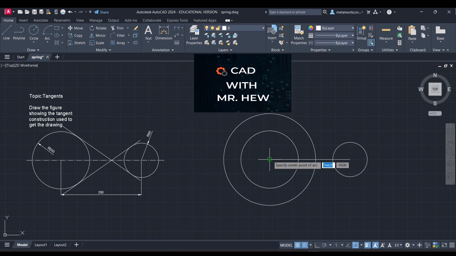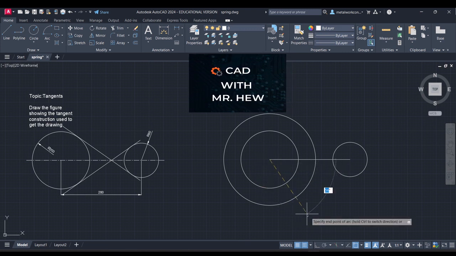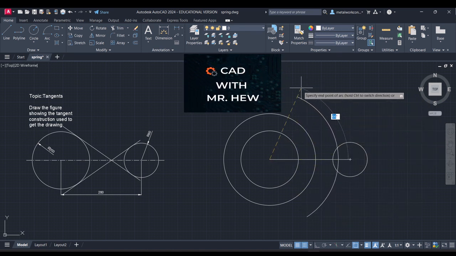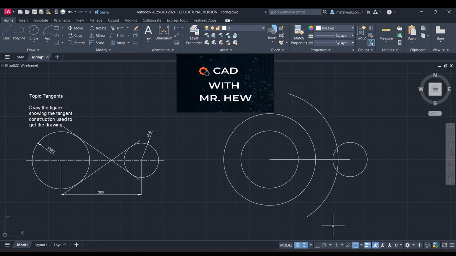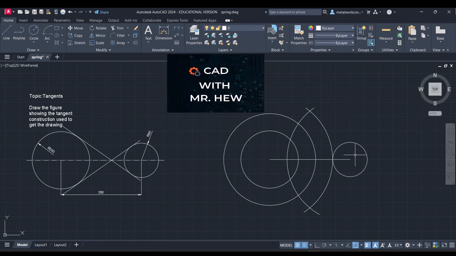All right, so let's go now there. All right, so we're gonna mark an arc. I'm gonna do the same thing. All right, so here we have two arcs drawn from the two centers, right?